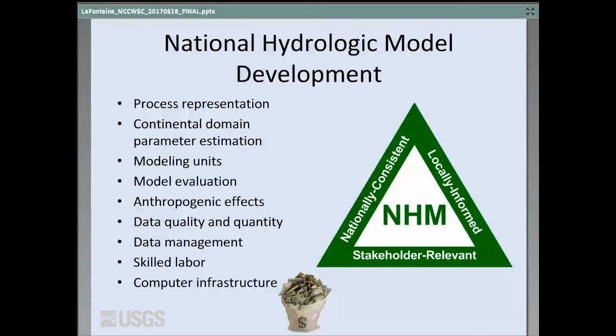And so looking at each of these characteristics, and then bringing in anthropogenic effects, it's the quality and quantity of the input data that we're using either to drive the models or to calibrate or evaluate the models.